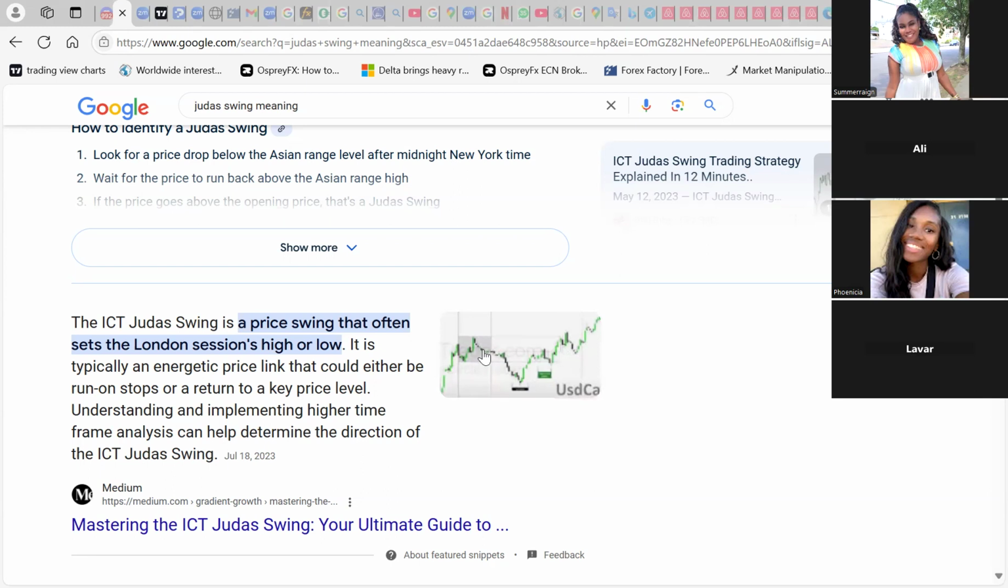So if you look at this example they have on USD CAD, I want to call your attention over here, because this is where the imbalance was and price pushed all the way up here. But this Judas swing happened on London session, so it pulled back to that imbalance and it reversed at that imbalance.